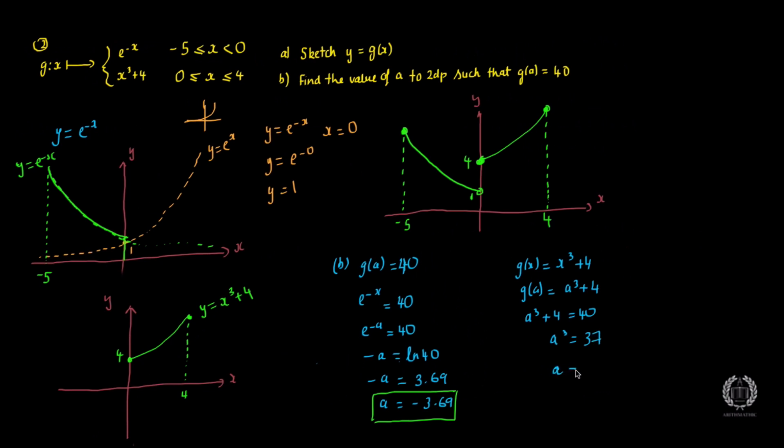So a equals the cube root of 37. What's the cube root of 37? Which is 3.33, I guess, in two decimal places. a equals 3.33, and that will be your answer for the other function. Okay, so that will be your other value.